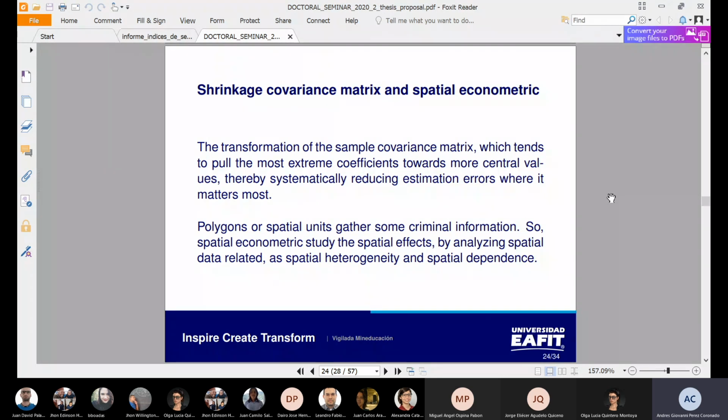Like I say, I can make a relation between theft, murders and personal injuries. But with shrinkage of the covariance matrix, I can use these three types of crime T that occur at point P together with poverty, Gini coefficient, and other information that I can get.